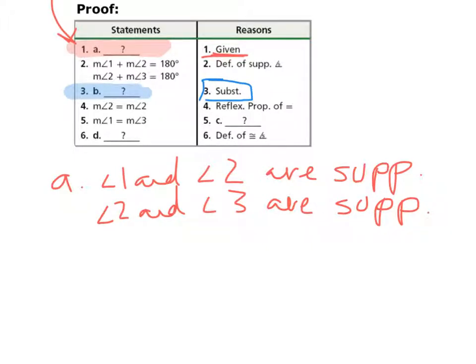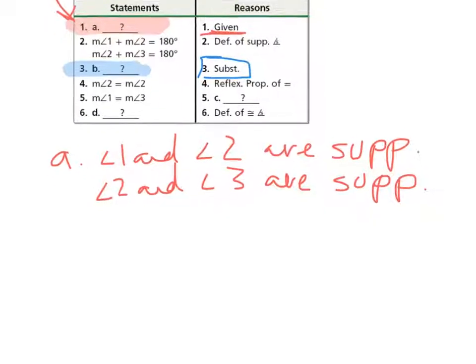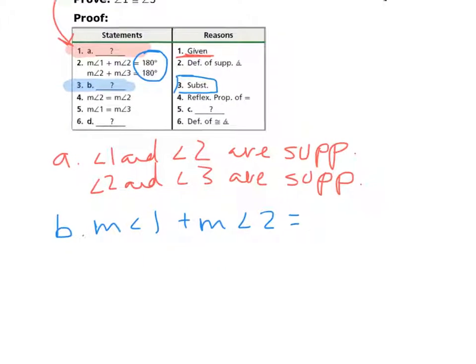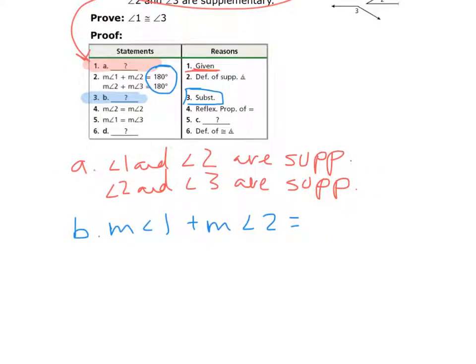Just looking at step 2, what do we have? 180. That's the same in both. So for step B, we can say that the measure of angle 1 plus the measure of angle 2 is equal to, well, step 2 said it's equal to 180.